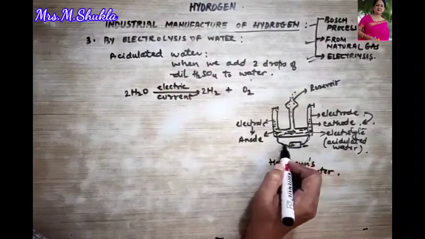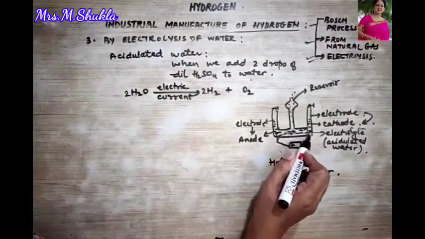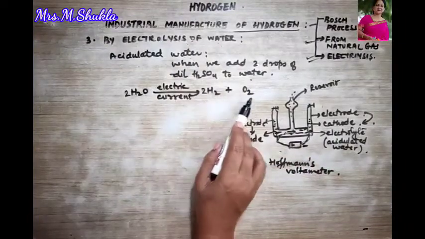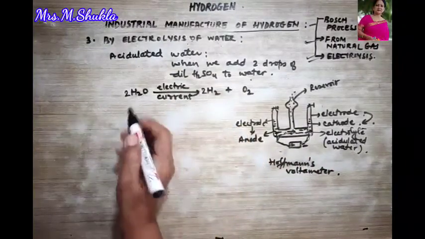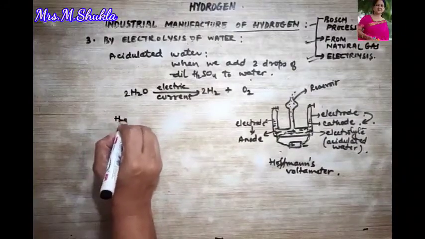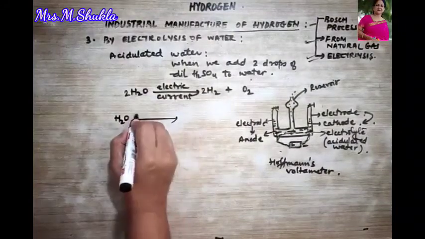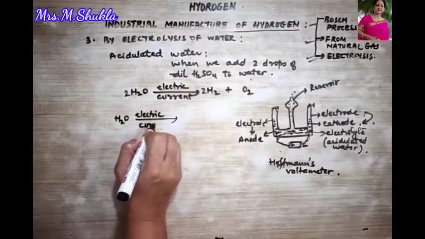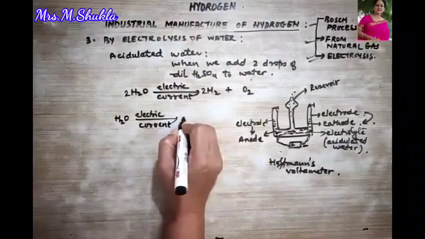So when this current flows, what happens? Look over here. When electric current is passed through water, it gives out ions. What are they?